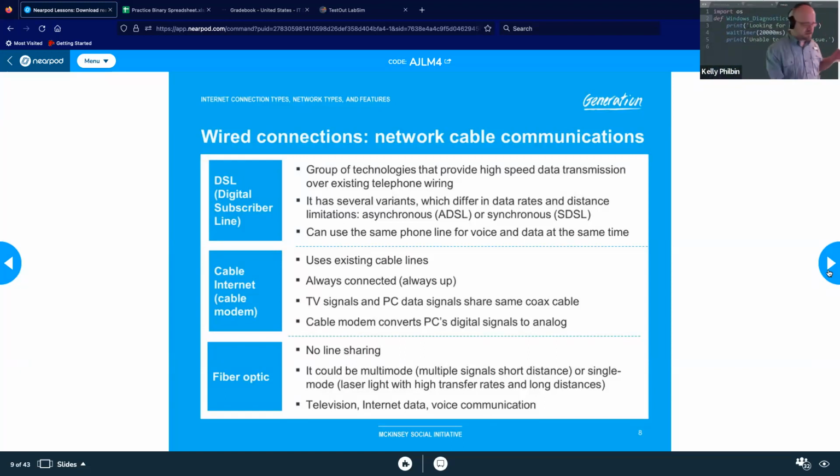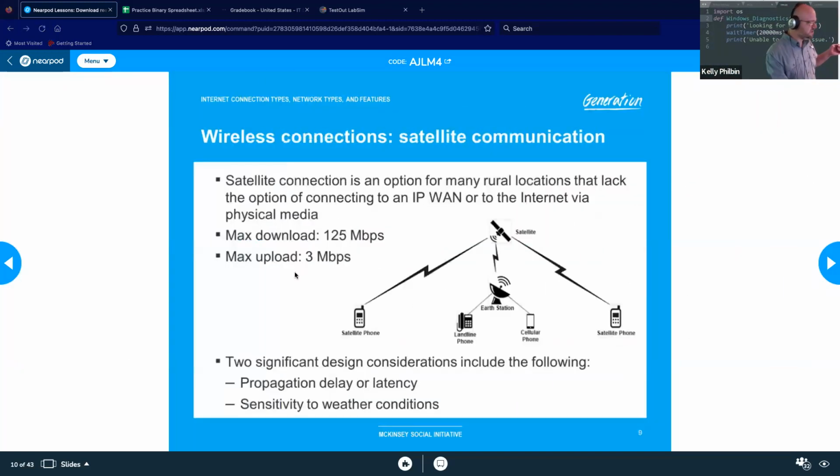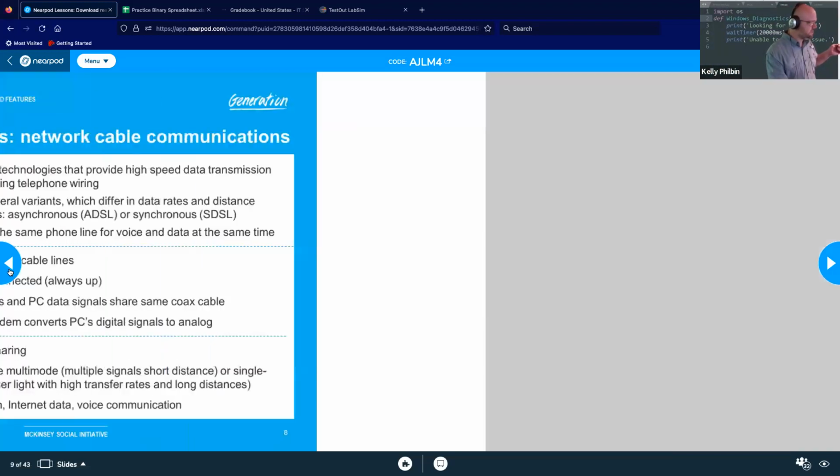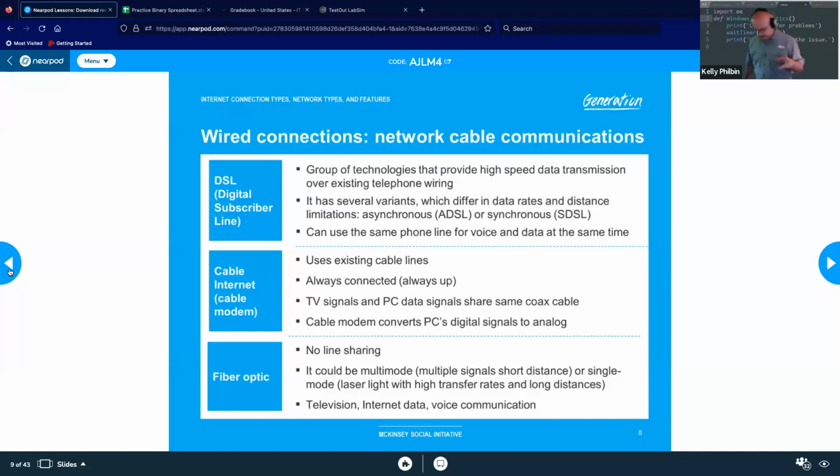Synchronous means your upstream and downstream are the same. So if you have 50 megs going up, you have 50 megs coming down. If you had 100 meg bandwidth, you'd have 50 up, 50 down.